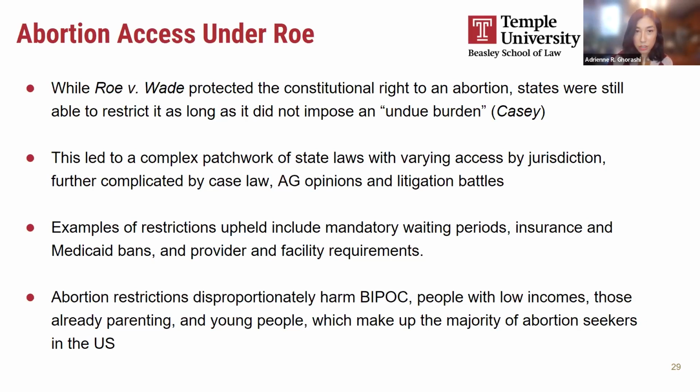And other types of restrictions were upheld, such as mandatory waiting periods, parental involvement requirements. Also, there was no sort of guarantee to funding or access. So that meant insurance and Medicaid bans were all upheld, as well as really strict facility and provider requirements. And as we know, these legal barriers disproportionately impact communities already marginalized from that care. Next slide, please.